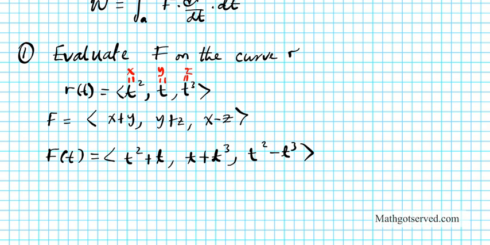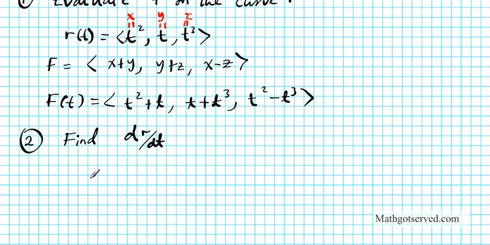Now that we have f evaluated on the curve, we're going to find what we're dotting this variable force vector with. So step 2, we're going to find the instantaneous rate of change of position with respect to time, the dr/dt.